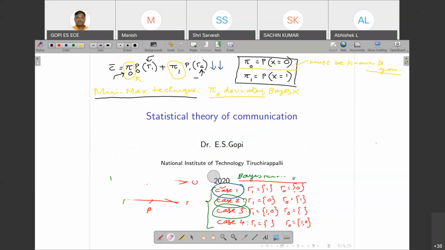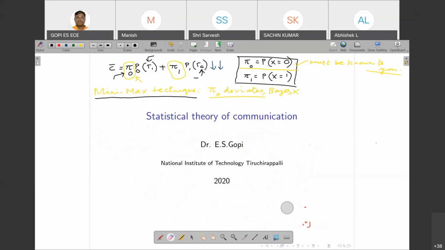So to understand that, you need to actually plot the cost function as a function of this prior probability, right? Before that, I would like to tell few things. Suppose that your rule is fixed. Let us say, let me put it as like this: C bar.